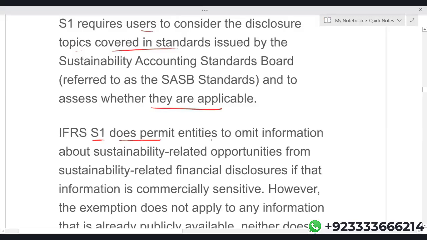S1 does permit entities to omit information about sustainability-related opportunities from sustainability-related financial disclosures if that information is commercially sensitive. If you feel that information is commercially sensitive, then you should not disclose it.